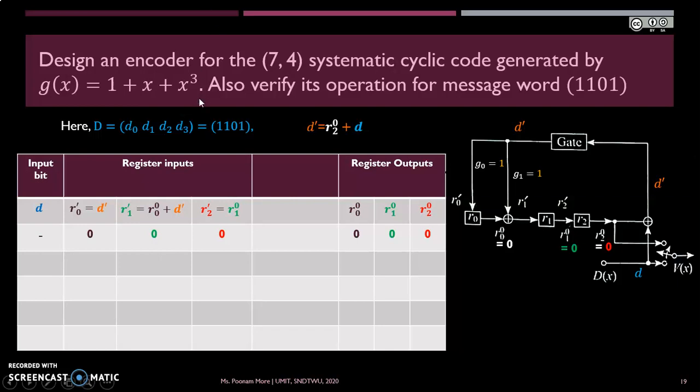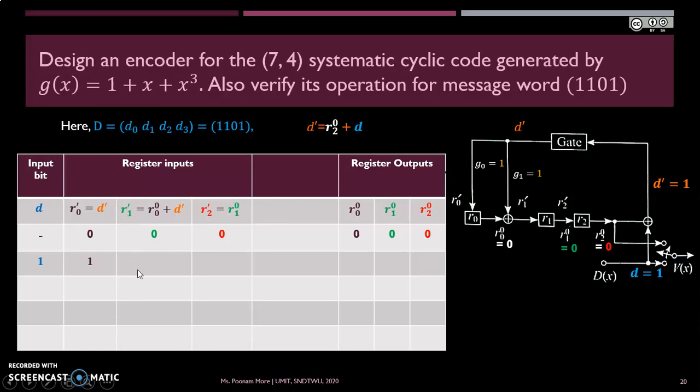So we will enter first the D3 bit, that is the DK-1 bit, which is equal to 1. As the bit D is entered, the value of D dash, which is calculated by using this equation, comes out as 1. Then we will calculate the next value, that is R1 dash.